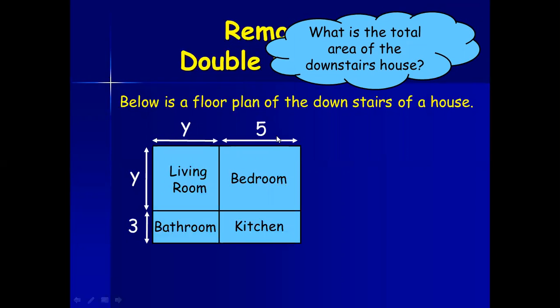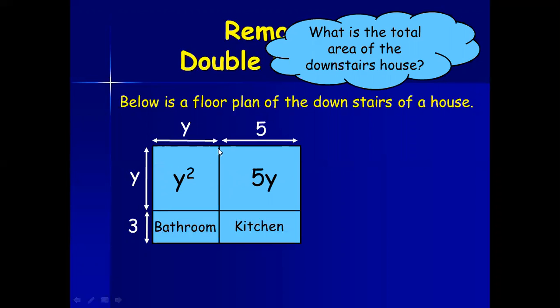For the whole rectangle, I have this side is y plus 3 and this side is y plus 5. To be clear, this square is y times y, which is y power 2.